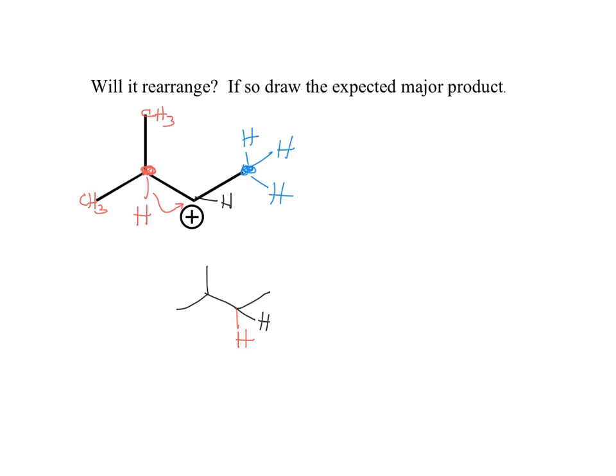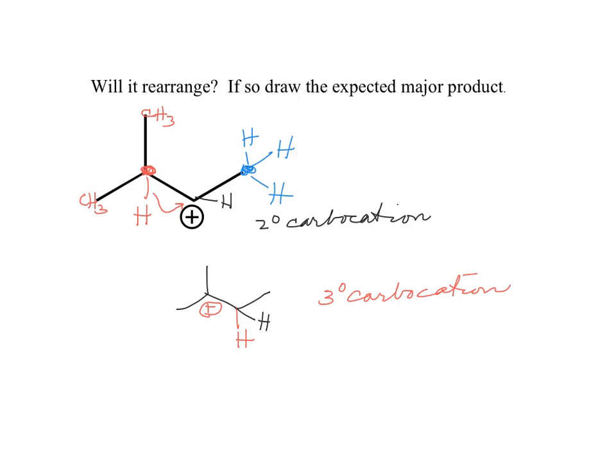But what's the charge left behind on the carbon that the red H left? That's a plus. And so we went from a secondary carbocation to a what? Tertiary carbocation, which is more stable.